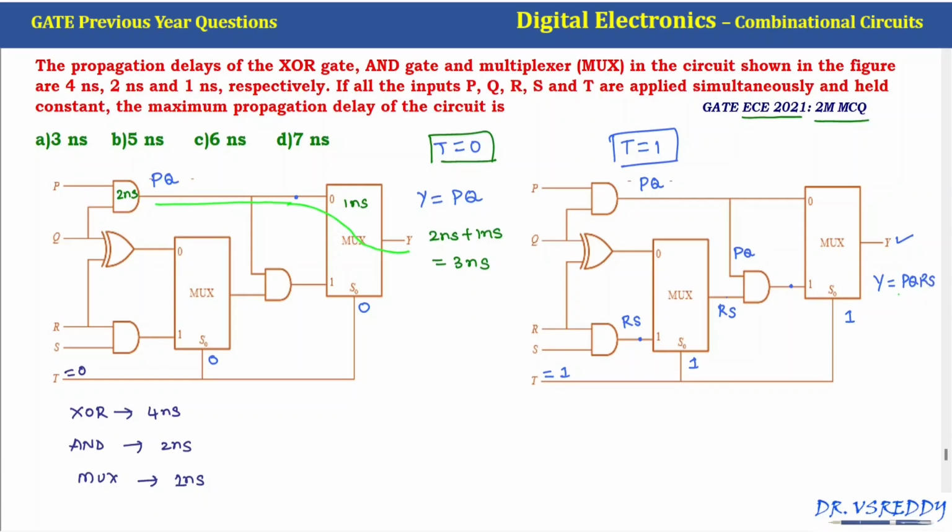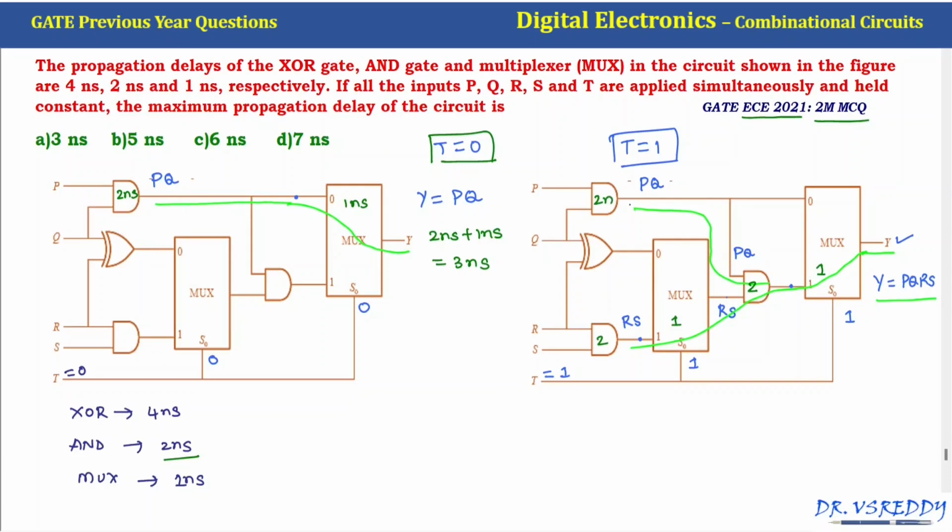Now to get Y equal to PQRS, the path goes like this. The AND gate propagation delay is 2 nanosecond, mux 1 nanosecond, and also here 2 nanosecond, mux 1 nanosecond. Similarly, to get this PQ, we require 2 nanoseconds.